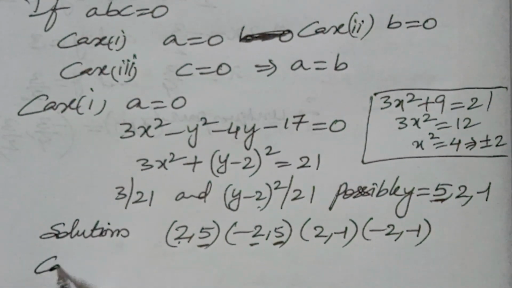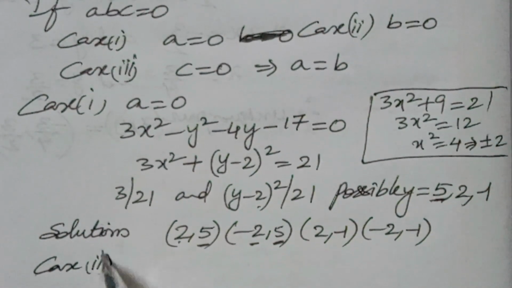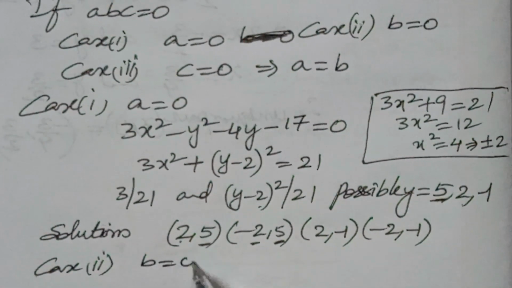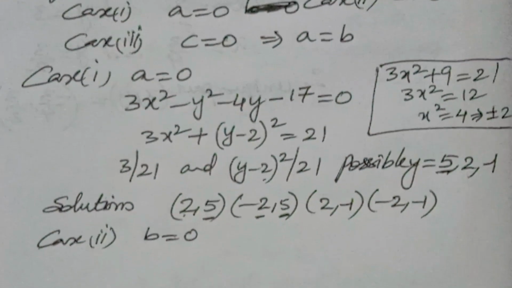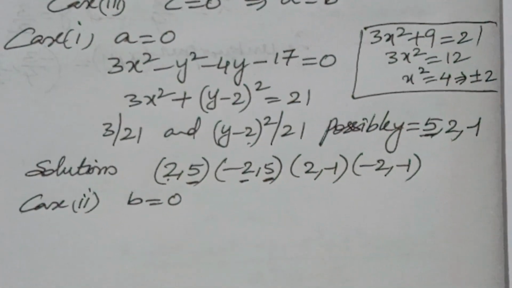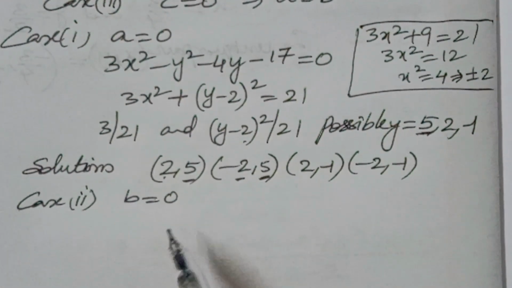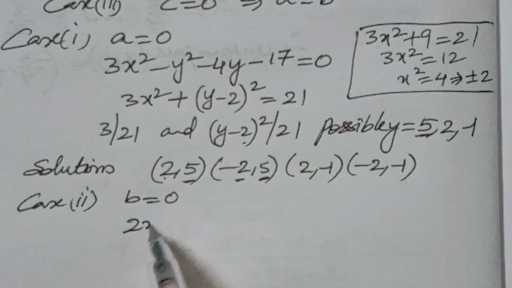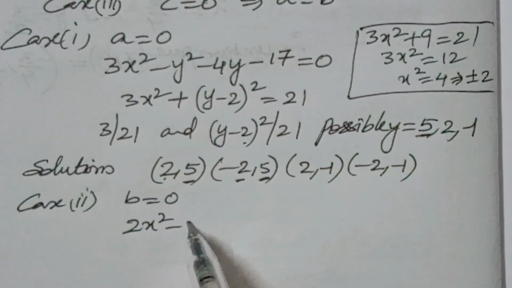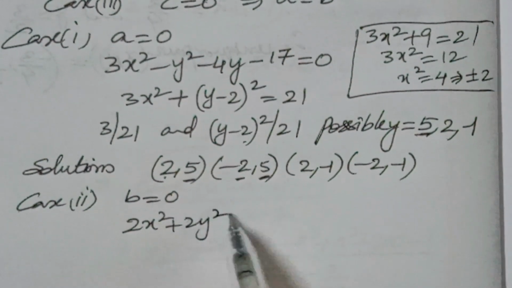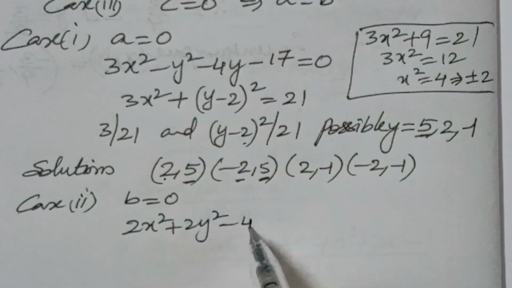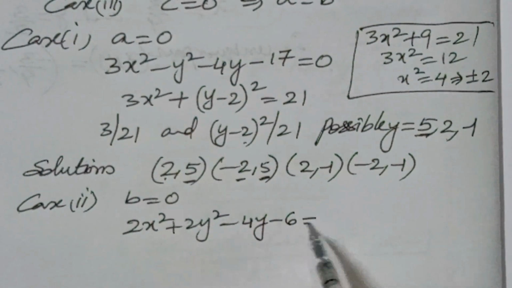Now I will take case 2. B is equal to 0. If B is equal to 0, then what will we get here? 2x square plus 2y square minus 4y minus 6 equal to 0.